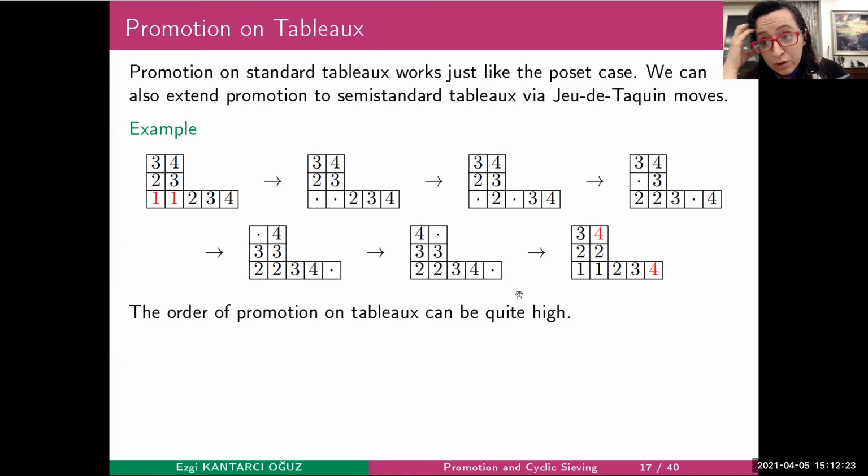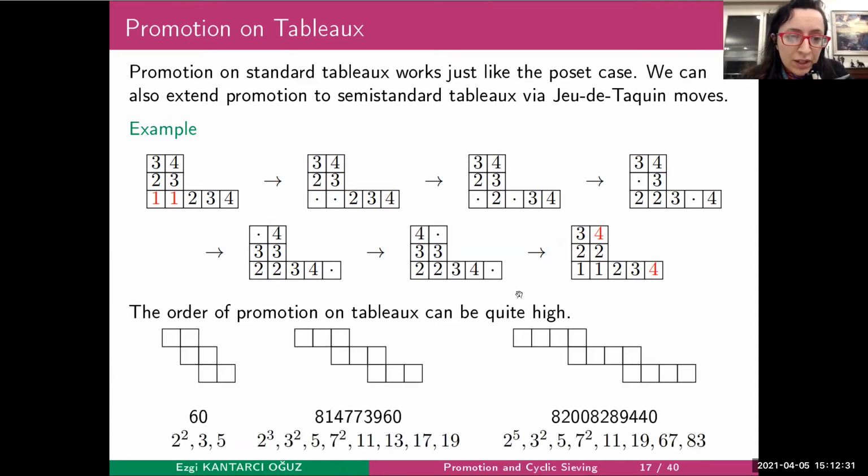This is how promotion works on Tableau, but its order can actually be surprisingly high. This was one of the examples we were looking at, the different kinds of ribbons, and when each was of size 6, the order was 60, then it jumped to 800 million, then to 82 billion, which is quite large because it is even a lot larger than the number of Tableau you get, and it doesn't decompose into very nice pieces.